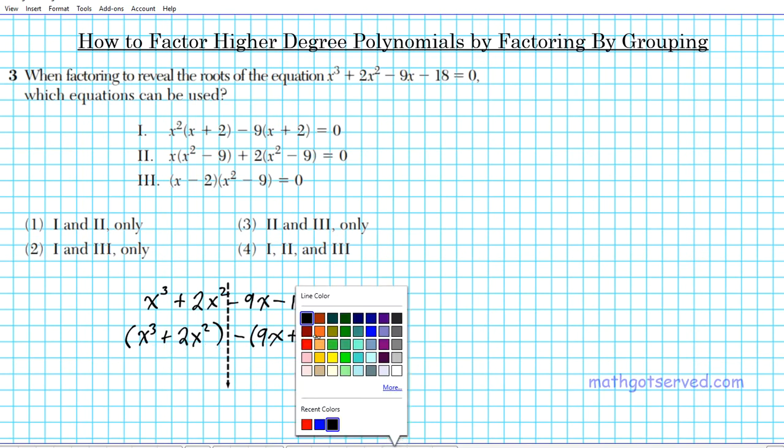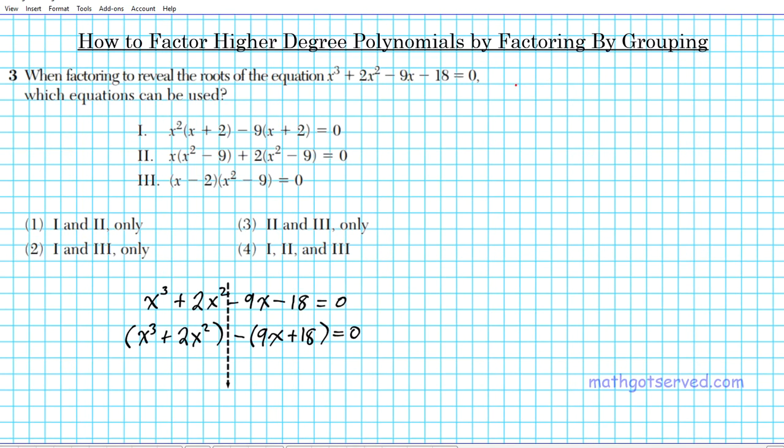Something to remember: when you factor out a GCF, what you're doing is dividing by that GCF.